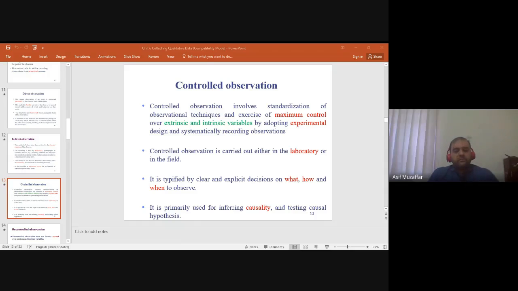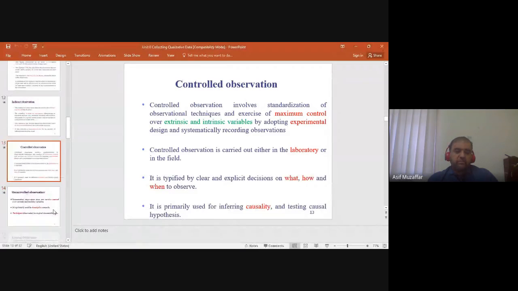Can you control these types of factors in this experiment? No. So that means it should be an uncontrolled observation, because there are some extrinsic or intrinsic factors that you cannot control. Okay, so this is the difference between a controlled observation and uncontrolled observation. You can call it controlled or uncontrolled experiments as well.